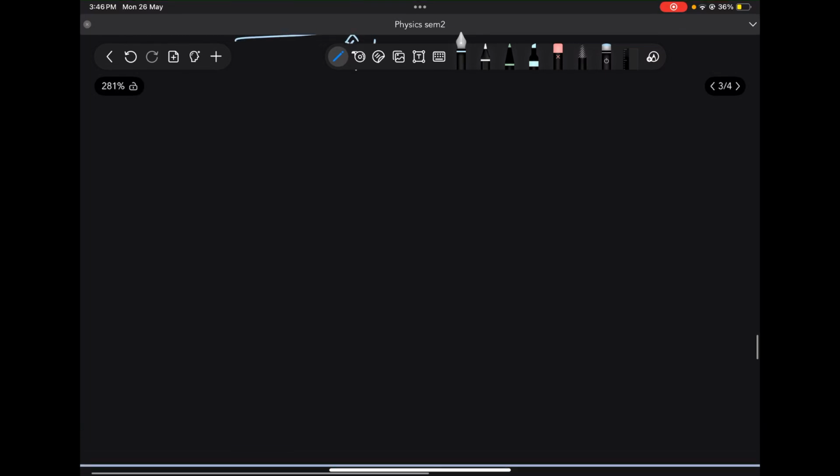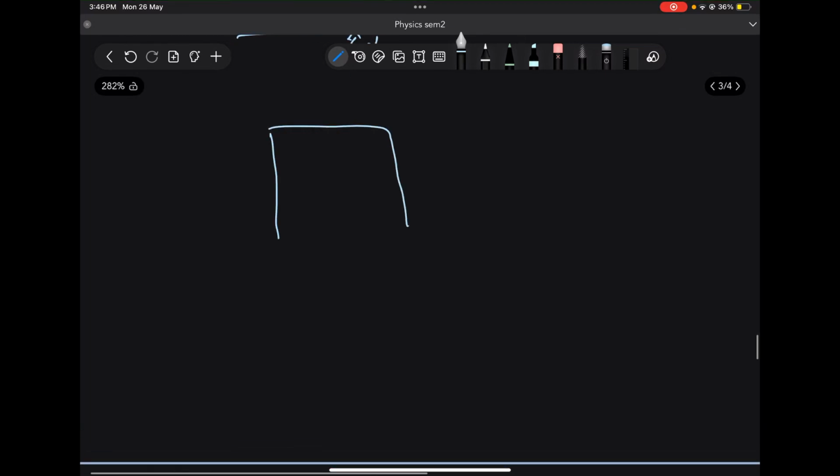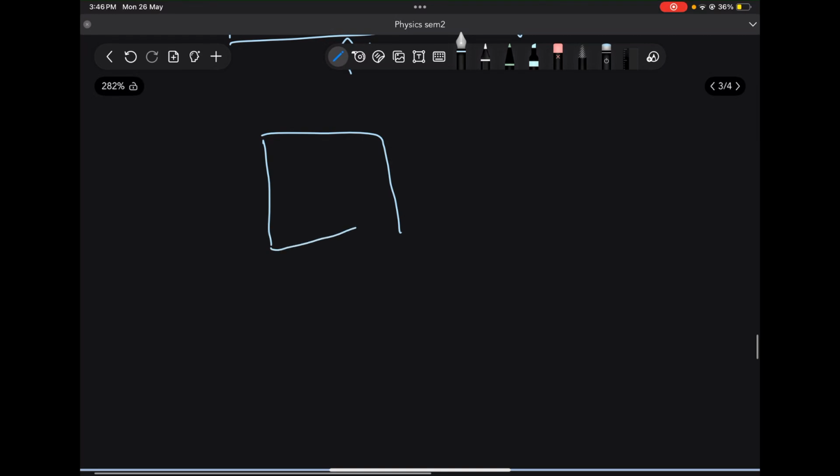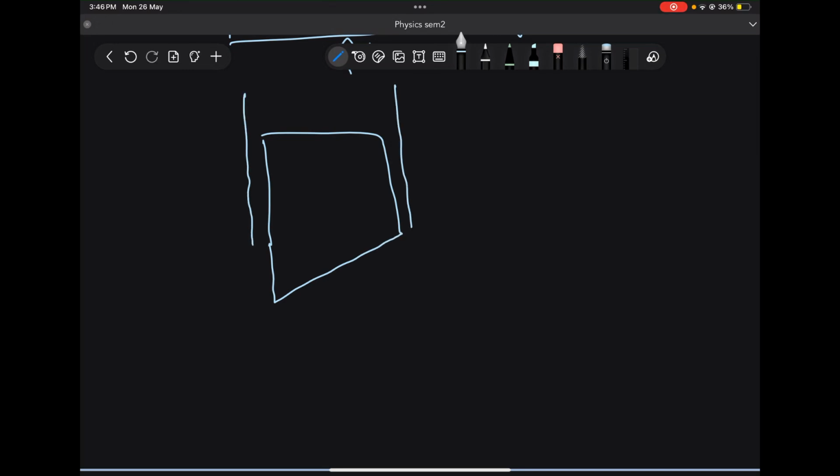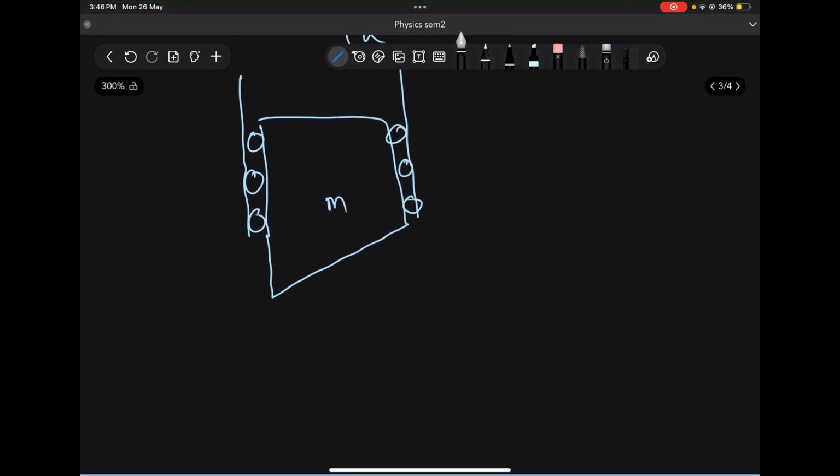So let's take a particular scenario. Suppose I have a big, huge block which is slant something like this. Okay. And it is placed on, let's say, a conveyor belt which has bearings, something like this. This is of mass m. Now you have a wedge below the block. So let me just extend the wedge so that it is clear.